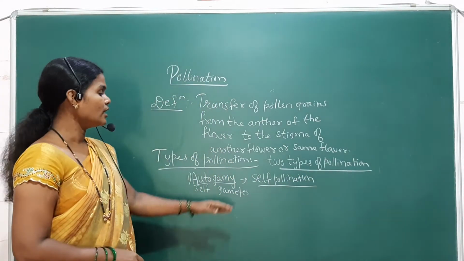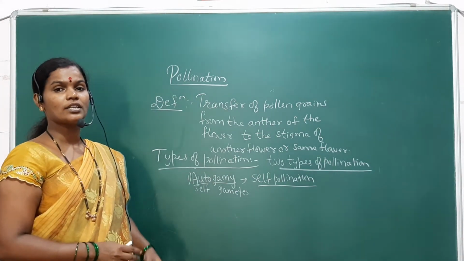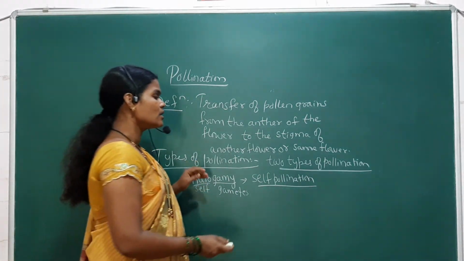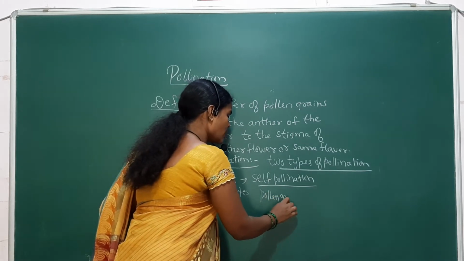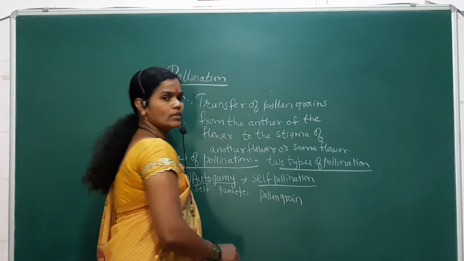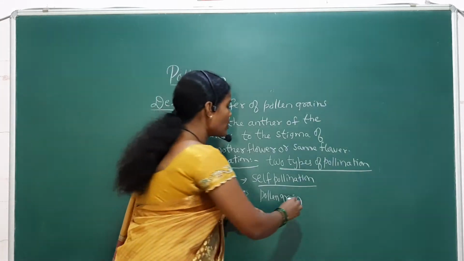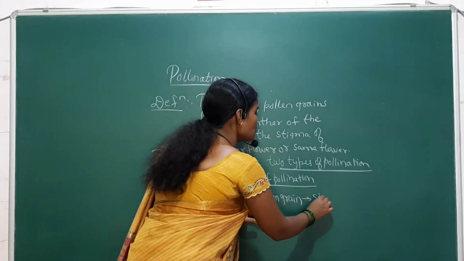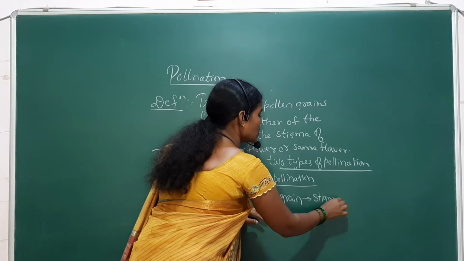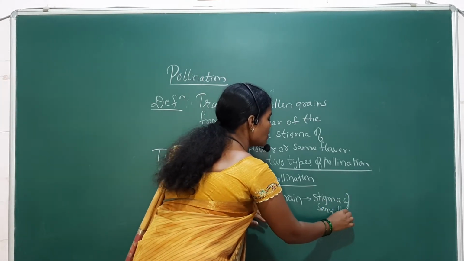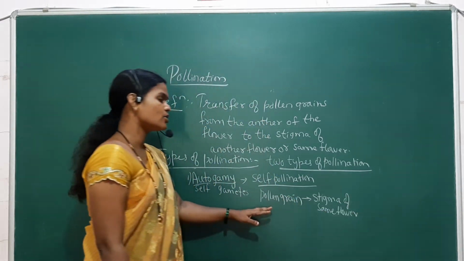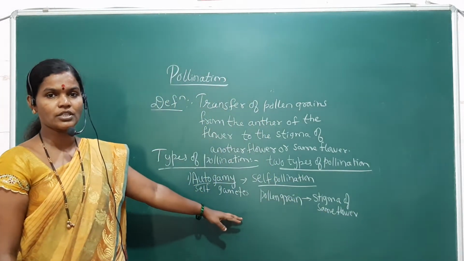Now, the self-pollination definition says that it is the transfer of the pollen grain from the anther of the flower to the stigma of the same flower. That is called self-pollination.